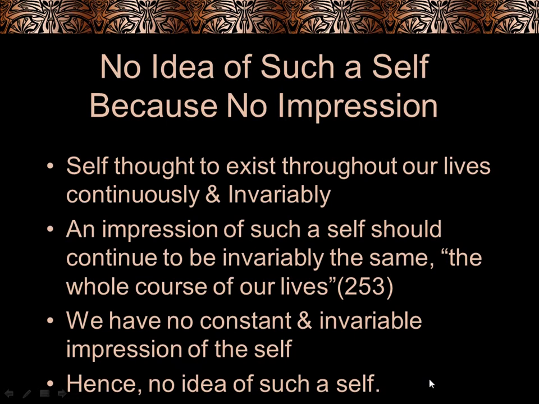And so the idea that's based on that has no foundation, and we may not even know what we mean by soul or self or immaterial substance. That's Hume's conclusion. So he has a skeptical view about whether or not we can even defend the claim that we continue as the same person throughout our lives.